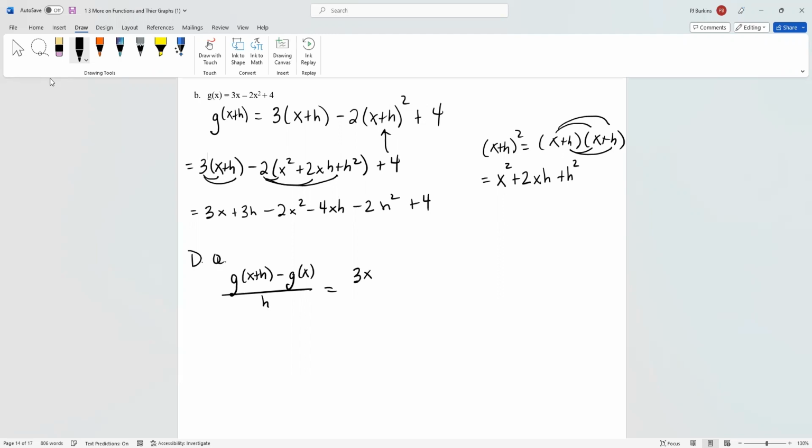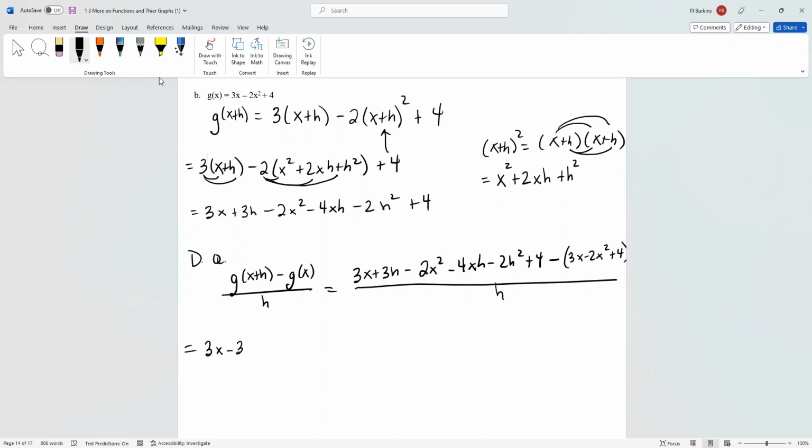That's 3x plus 3h minus 2x squared minus 4xh and so on. And then I'm going to subtract the entire original function, so that's minus 3x minus 2x squared plus 4, all divided by h. Okay, let's bring all this down.